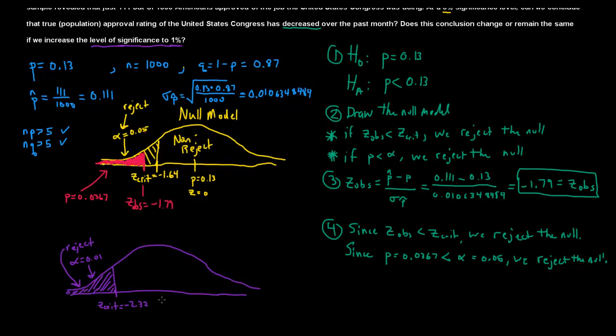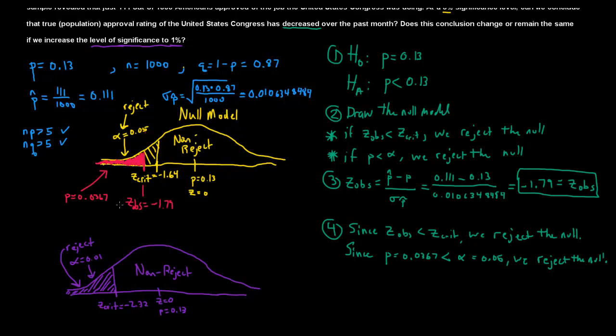Now this is still the null model. The mean would be 0, which would correspond to p equals 0.13, right there in the middle. This over here was certainly your non-reject region. And what we want to do now is plot that observed value again.